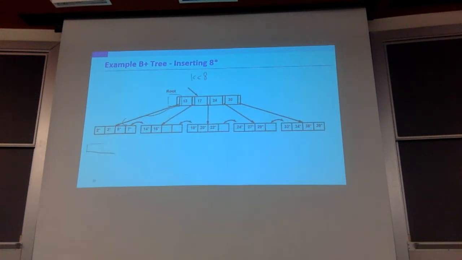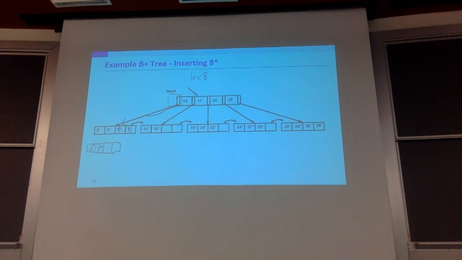You create a new page here, and you copy over half of your key entries into this. So basically you copy 5 and 7 here. It's going to be 5 star and 7 star.